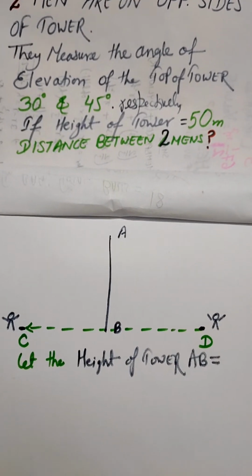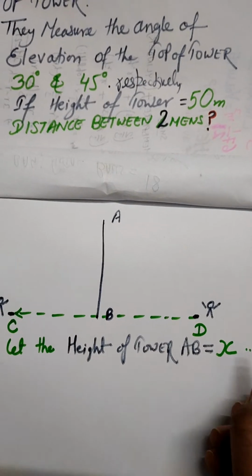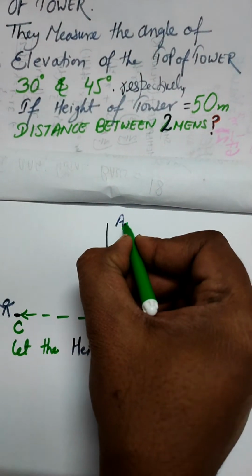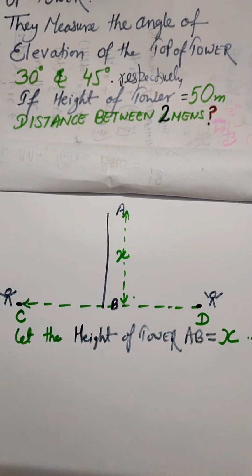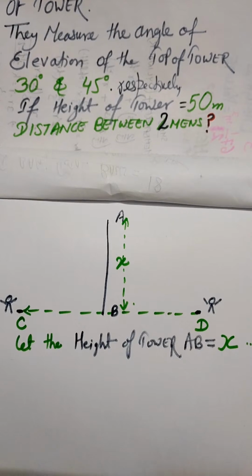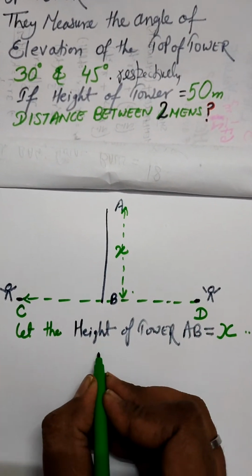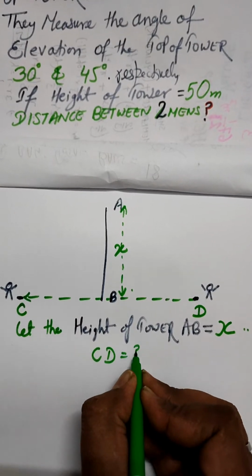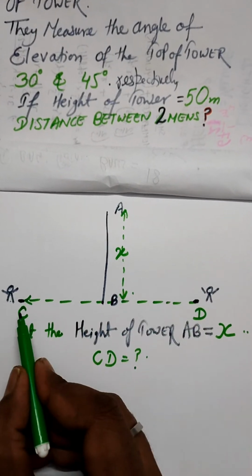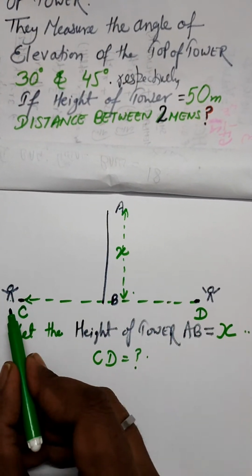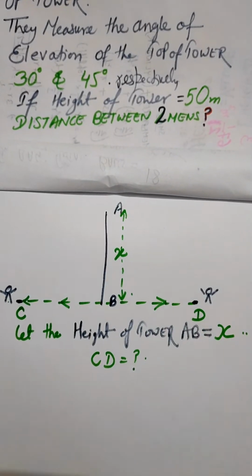Let us assume it as X. So this is the height of the tower, X. So AB is of length X, we have assumed it. Now we need to find the distance between CD. CD is the distance between the two men standing on the opposite sides of the tower, one to the left and another to the right.